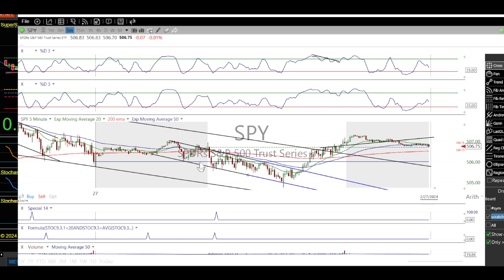Look at this beautiful channel today. The 5 minutes is going to give you a much easier flow. It's not going to be as volatile and choppy. You're not looking under a microscope like on the 1 minute time frame. And when you have the setups, they come out pretty obvious, especially if you have a nice channel.